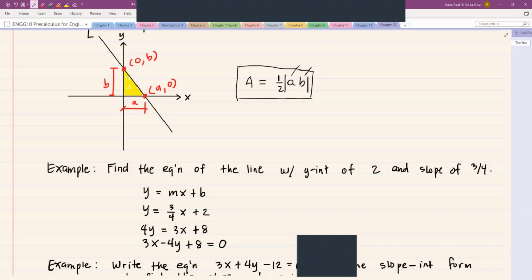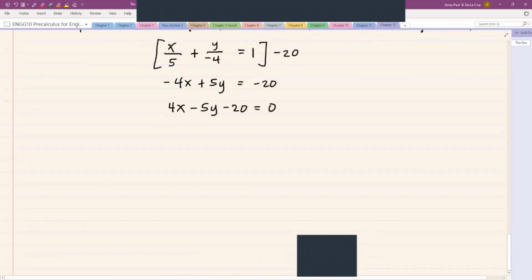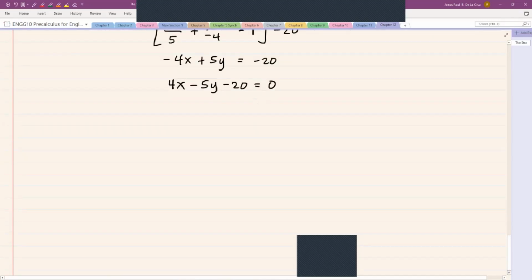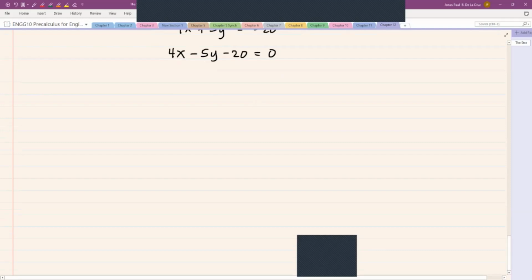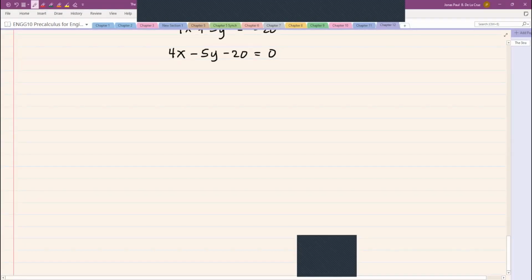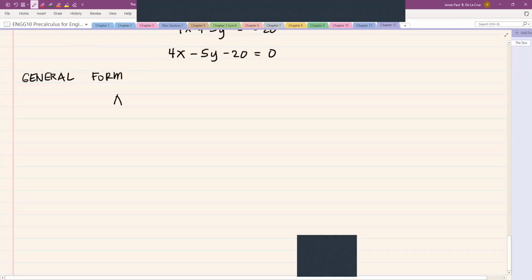Alright. So, kanina ko pa sinasabi yung general form of the line, ba? So let's talk about the general form of the line. Okay, the general form of a straight line is of the form ax plus by plus c is equal to 0.